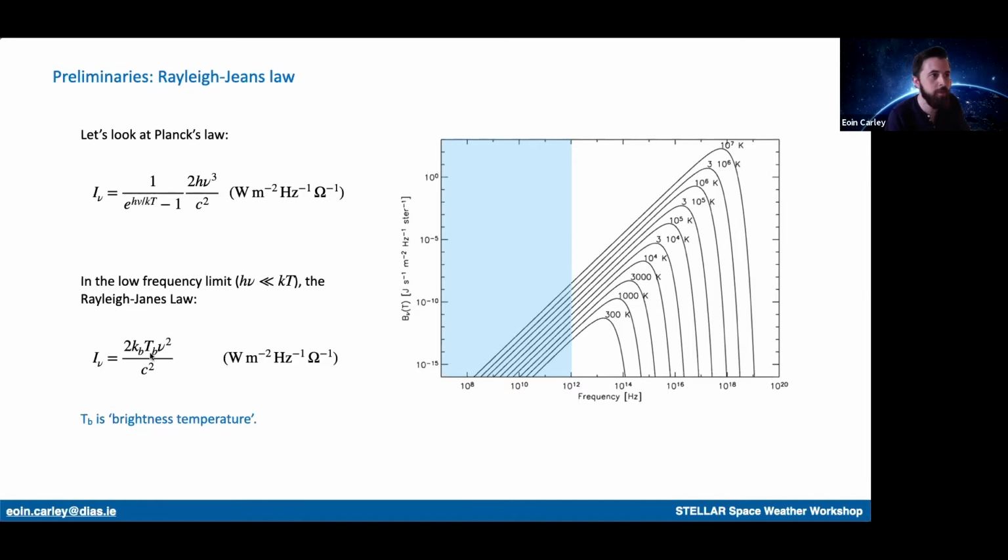So the brightness temperature that we see is basically how hot a black body would have to be to produce the intensity that we see. And it's just a simple conversion between the intensity of a black body spectrum in the low frequency limit and the temperature that we see here. This is known as the brightness temperature. It's a concept you come across all the time, particularly for imaging maps of the radio sun.